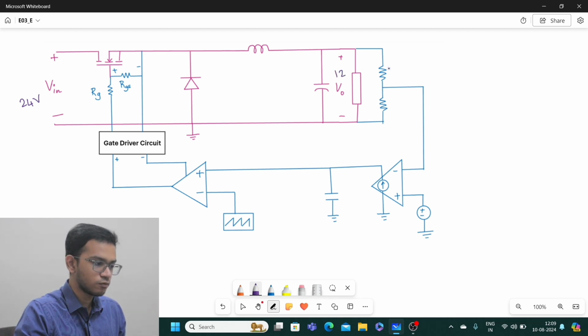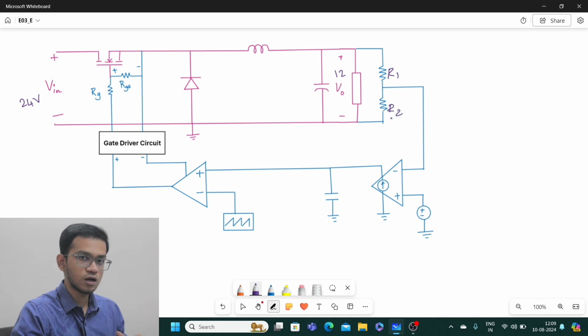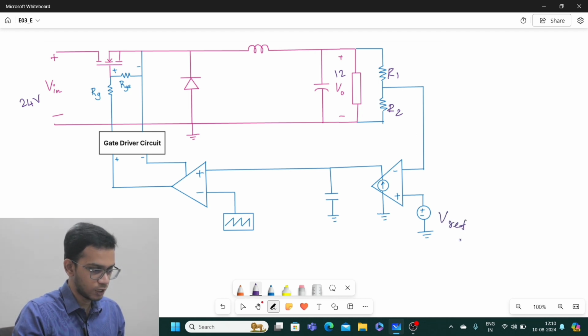Most of the time we need to step this down to a lesser value such that it is in accordance with the voltage specifications of this particular transconductance amplifier. So we use a potential divider in most of the cases, and then we step down this voltage. Now we have a reference voltage here, which should be 12 volt typically, because that is our desired output voltage.